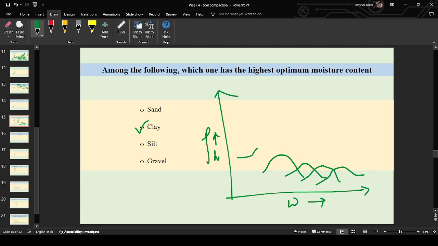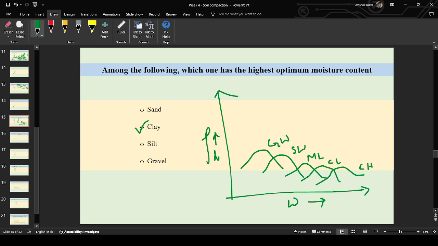The lowest one will be clay of high plasticity, and then this is the clay of low plasticity. This is silt, low plasticity silt. This is well graded sand, and this one is well graded gravel.